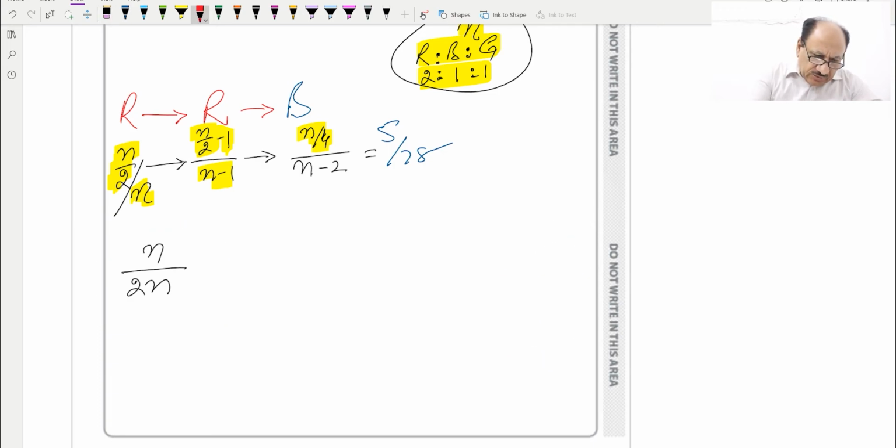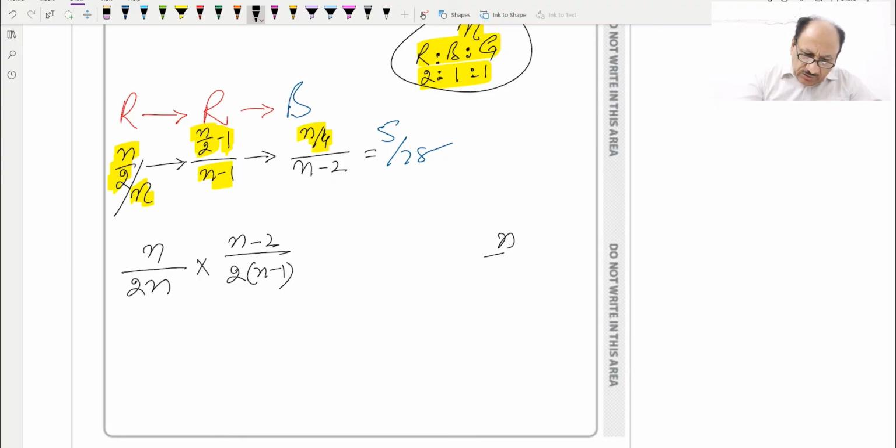Now the next thing I want to write is this into n by 2 minus 1. We can write this as n minus 2 over 2 into n minus 1.